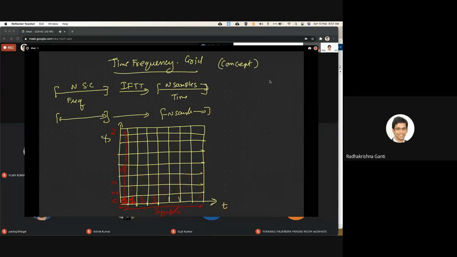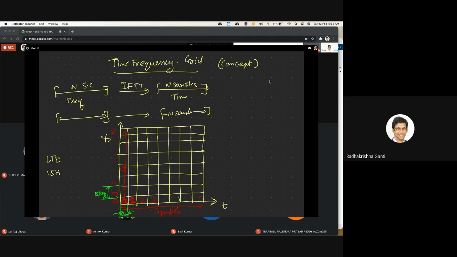Okay. So effectively, if we take the example of LTE, there is 15 kilohertz SCS. So this gap is 15 kilohertz. The duration of this would be 33 microseconds.